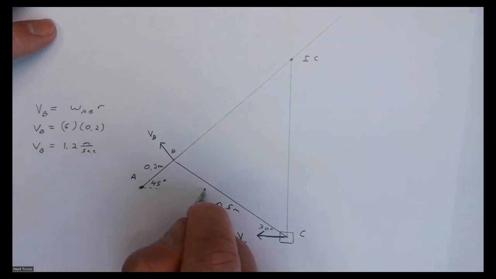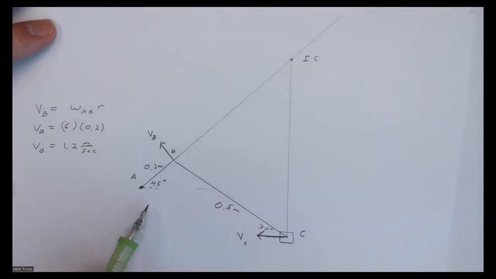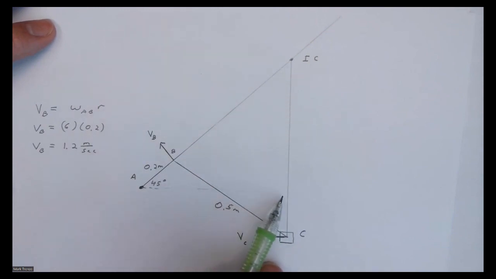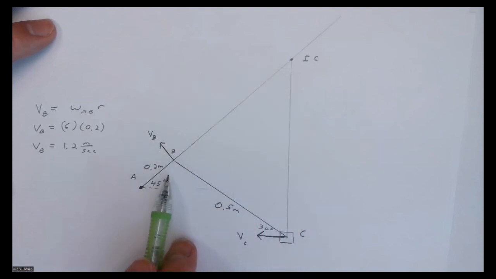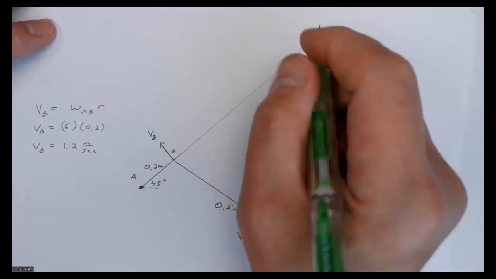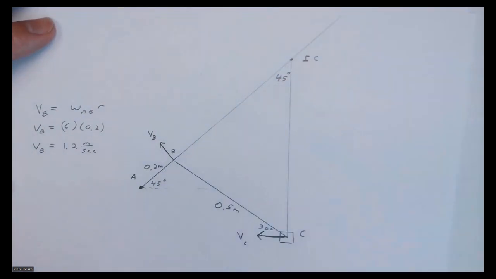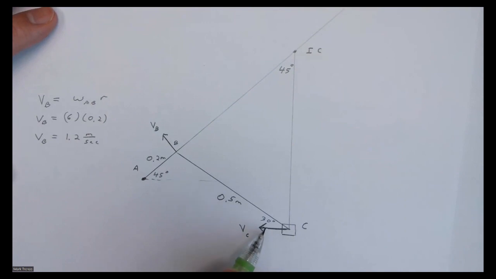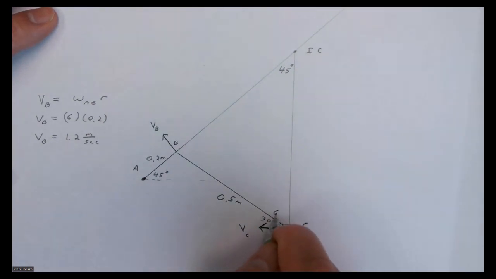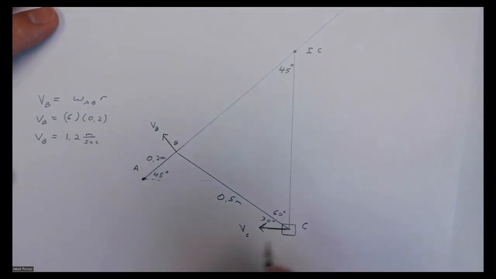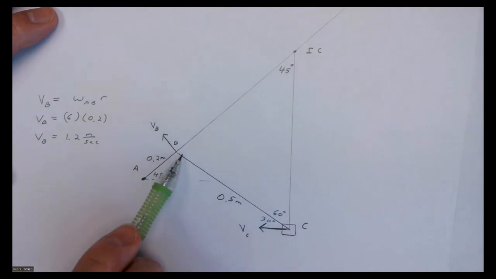Well, now, again, think about this. If this is 45 degrees, if there was another triangle right here, and this would be perpendicular, then this is going to be 45 up here. And also down here, if this is 30, this has to be 60 degrees. And so then what does this one have to be here?